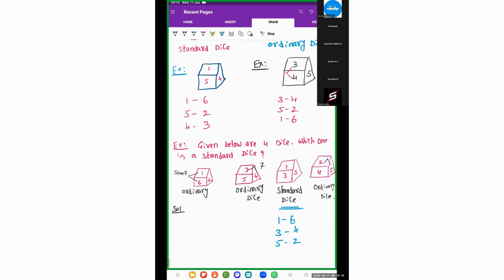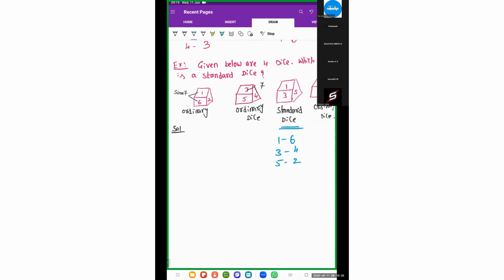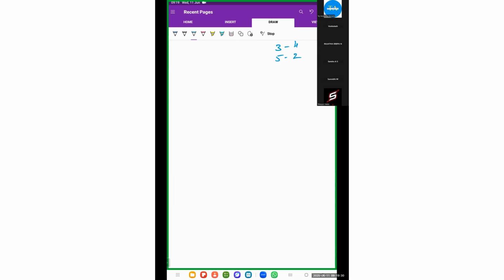Now there are different cases here, right? In these different cases we will solve for the opposite number or symbol that has to be found.